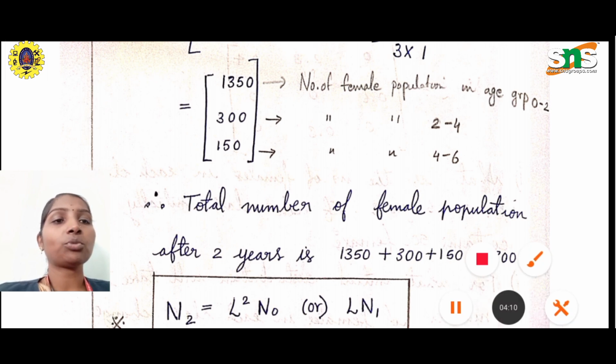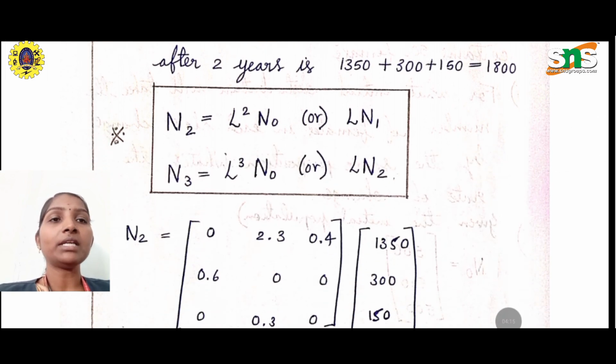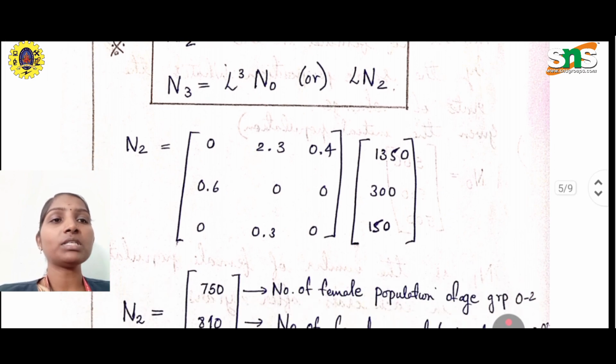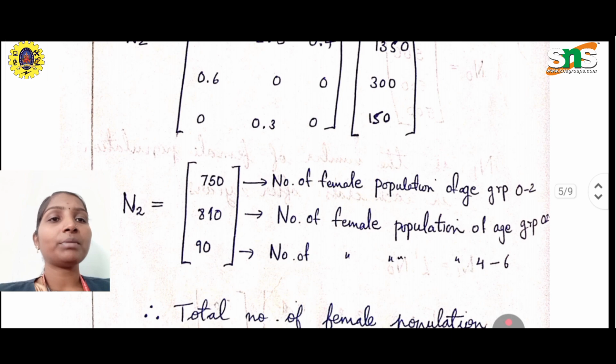What is N2? N2 is nothing but L squared into N0, or L into N1. We can just use L squared into N0. On simplifying using a minor calculation, you will have the number of females in stage 1 as 750, in stage 2 as 810 and in stage 3 as 90.